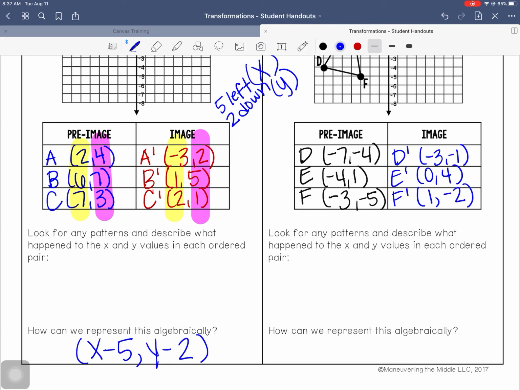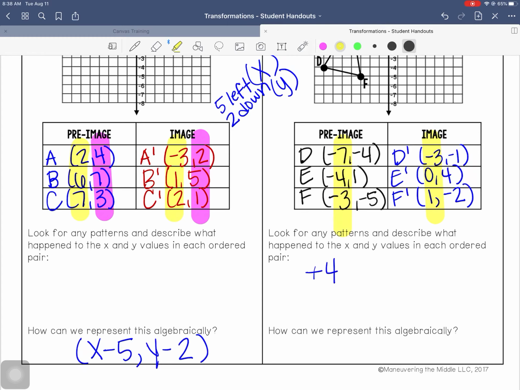When this is done, if you look to the bottom of the page, I'm going to put up a chart that shows a representation of the algebraic way to do these. If we're looking at our X values, going from -7 to -3 on a number line, we are going up by 4.